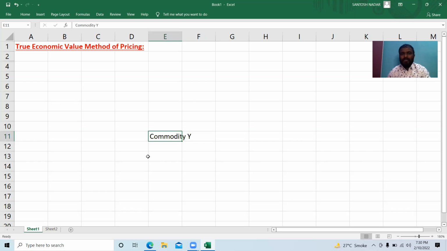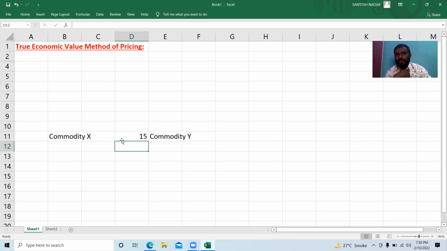Suppose there is an alternative substitute for commodity Y that we are going to sell. That alternative commodity is called commodity X. I will try to find out the selling price of that commodity X. Suppose commodity X is sold in the market at rupees 15 per unit.